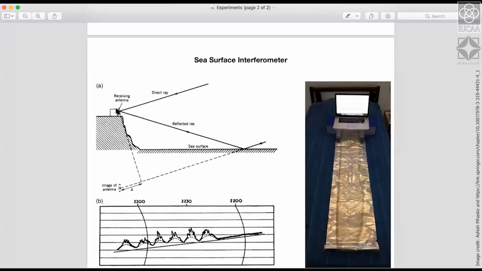One is the direct path, one is the path reflected from the sea surface. And then as the source moves in the sky, you see these maximas and minimas, basically the interference pattern caused by these two rays. This was a very early setup used to do interferometry experiments.